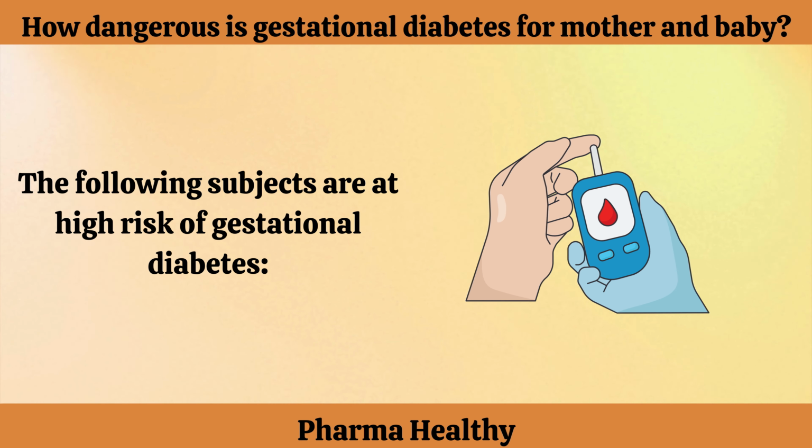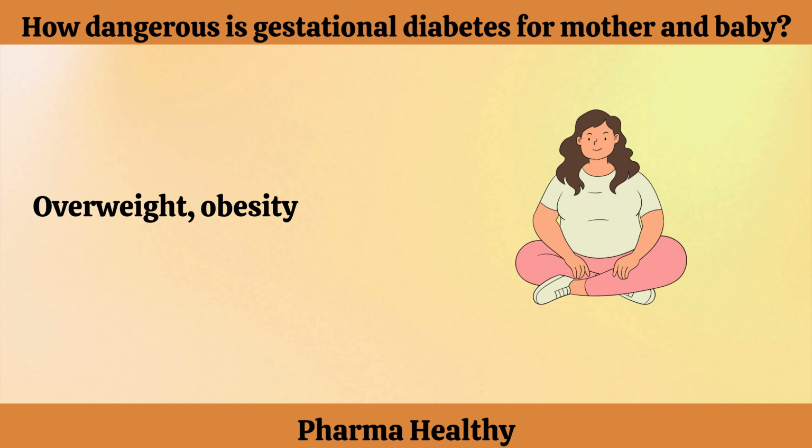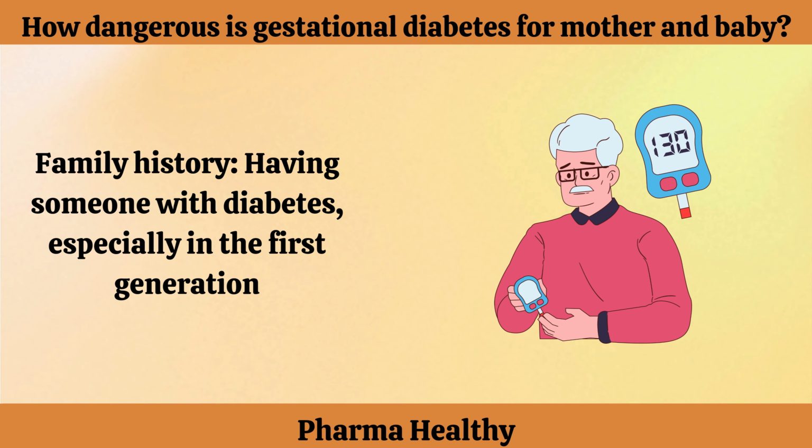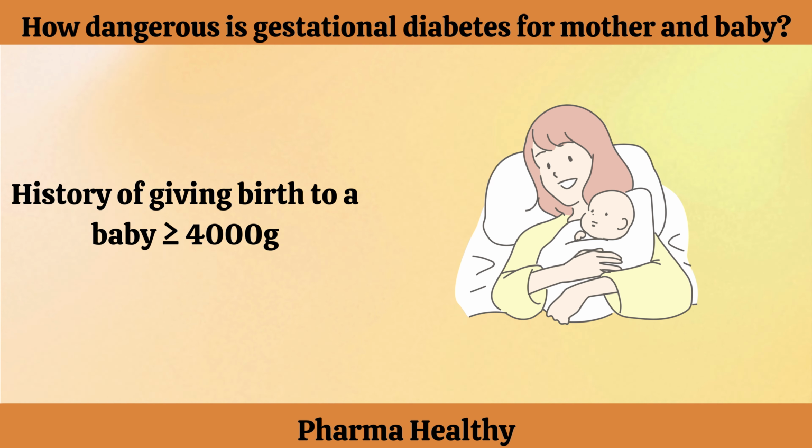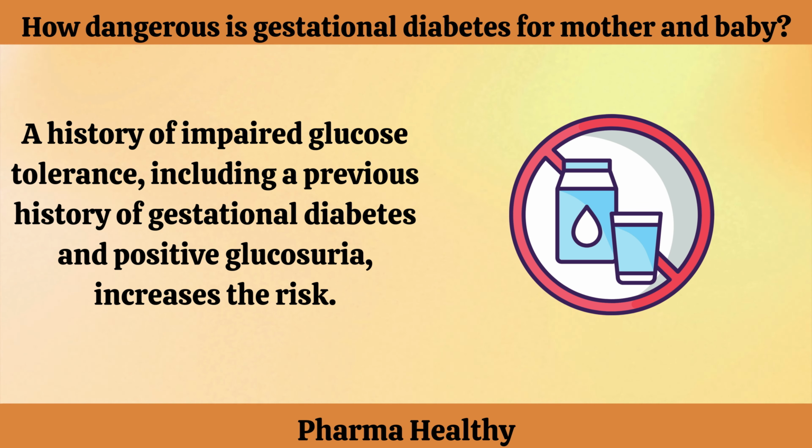The following subjects are at high risk of gestational diabetes: overweight, obesity, family history, having someone with diabetes, especially in the first generation, history of giving birth to a baby greater than or equal to 4000 g, a history of impaired glucose tolerance, including a previous history of gestational diabetes and positive glucosuria, increases the risk.